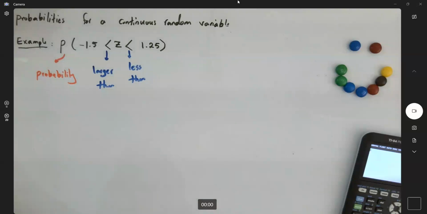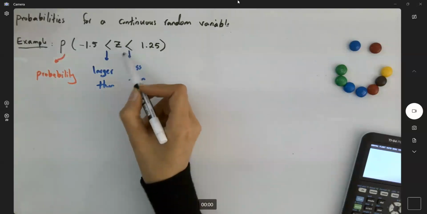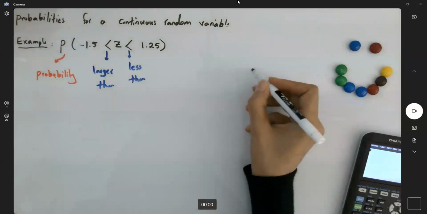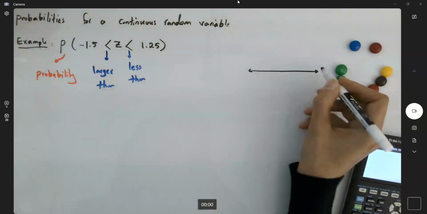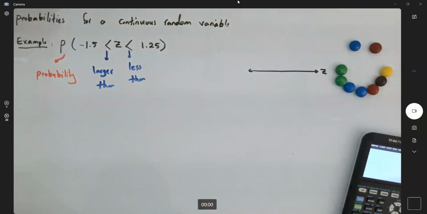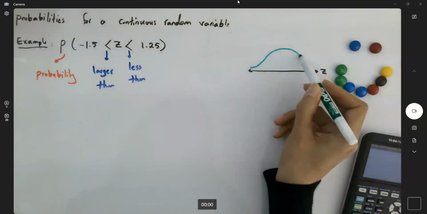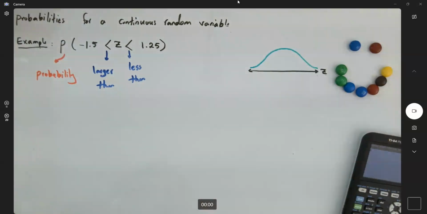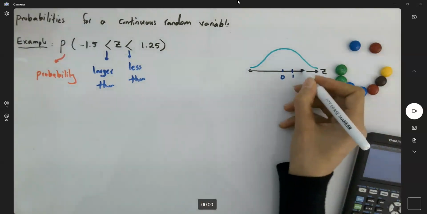When we are talking about the graph of a standard normal distribution, remember that z is standard normal distribution. So this is my z, and this is my bell-shaped graph. For z, mean is always 0. Mean is 0, standard deviation 1 unit.